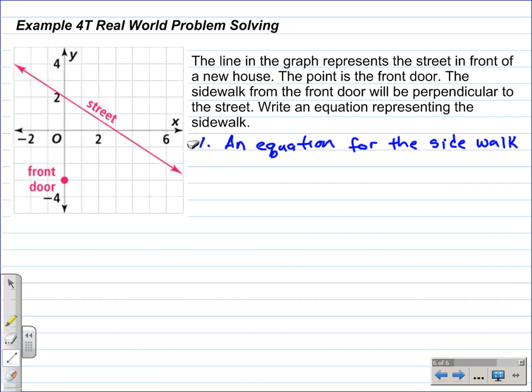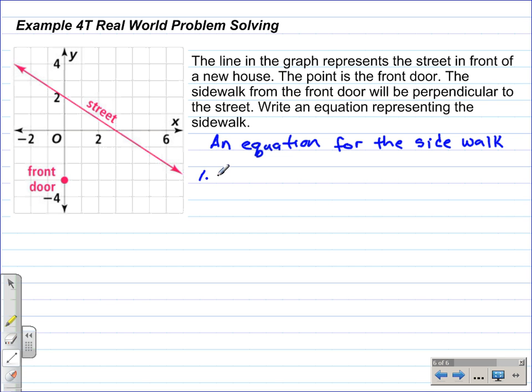What we want to do is write an equation for the sidewalk. To do that, our first step is we're going to find the slope of the street.